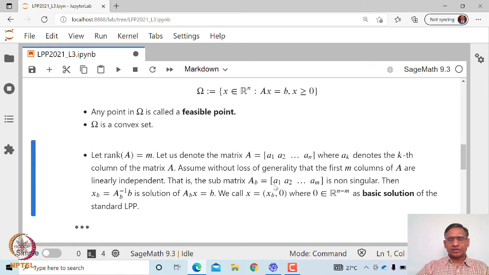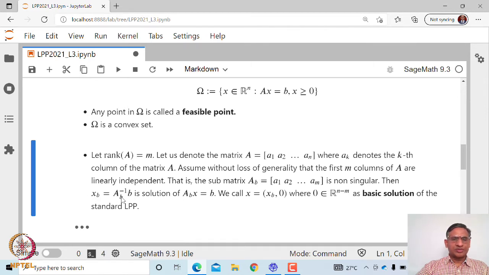And if it is invertible, then let us consider AB inverse b, where b is the right hand side. This makes sense because AB is m cross m and b is m cross 1, therefore AB inverse b makes sense, and let us write AB inverse b equal to xB.